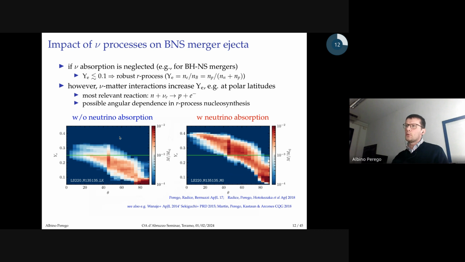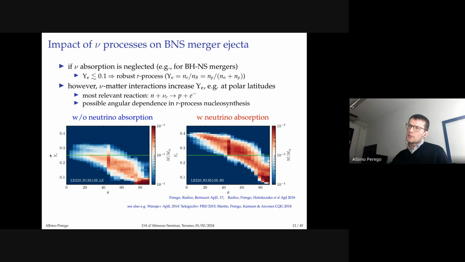Indeed, if you perform a simulation without neutrino absorption or with neutrino absorption, the properties of the ejecta change dramatically. So in this plot, what you can see is a function of the polar angle. Theta equals 0 is matter expelled toward the pole, while theta equals 90 is matter expelled toward the equator, and color-coded is the amount of matter that is expelled at that particular latitude.